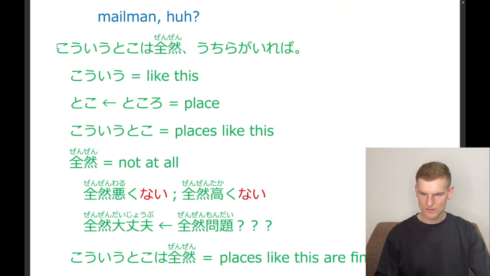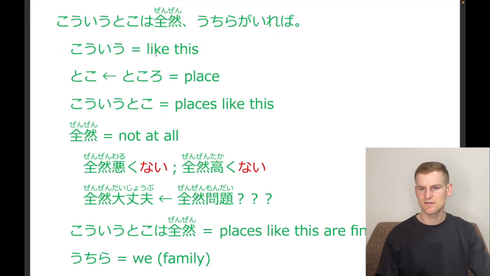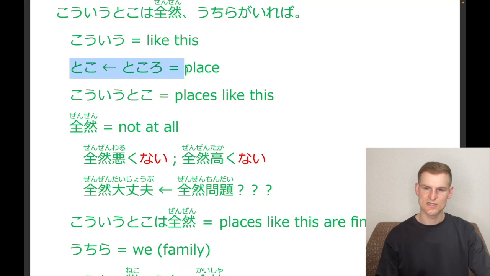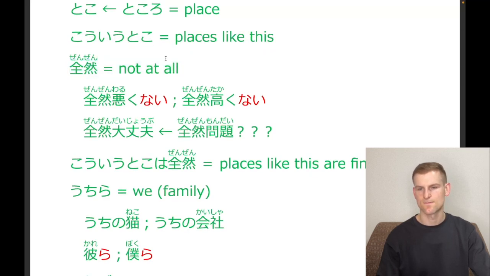Okay, and the man responds, こういうとこは全然うちらがいれば. Okay, let's take a look at this. So こういう, just like this. とこ is an abbreviation of ところ, place, very common in speech. こういうとこ, so places like this. 全然, not at all. So 全然 technically should be used with negative verbs, right?